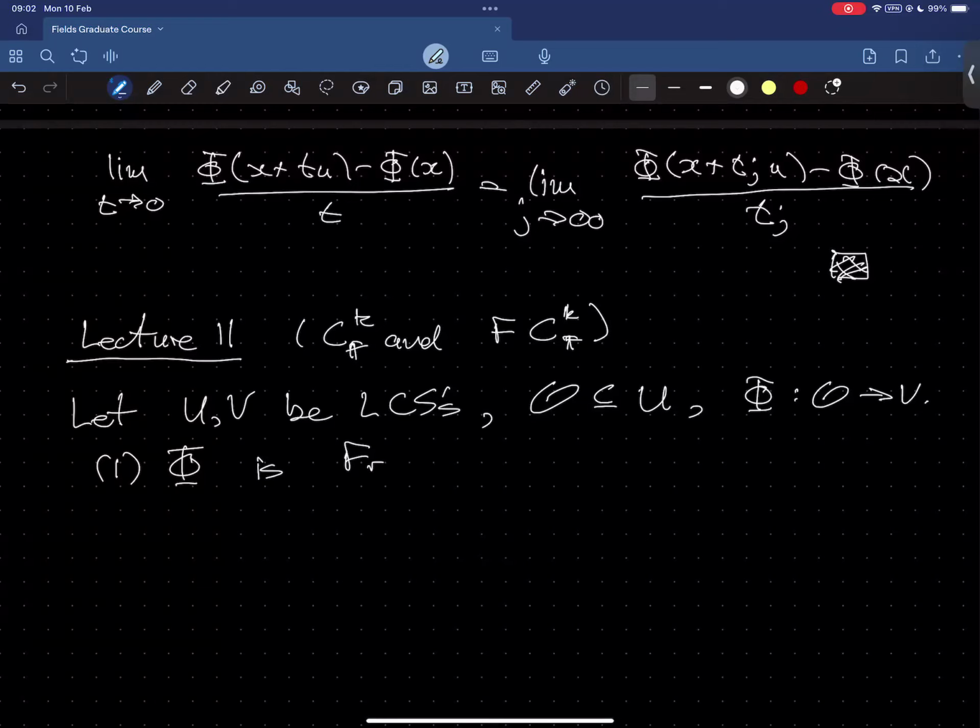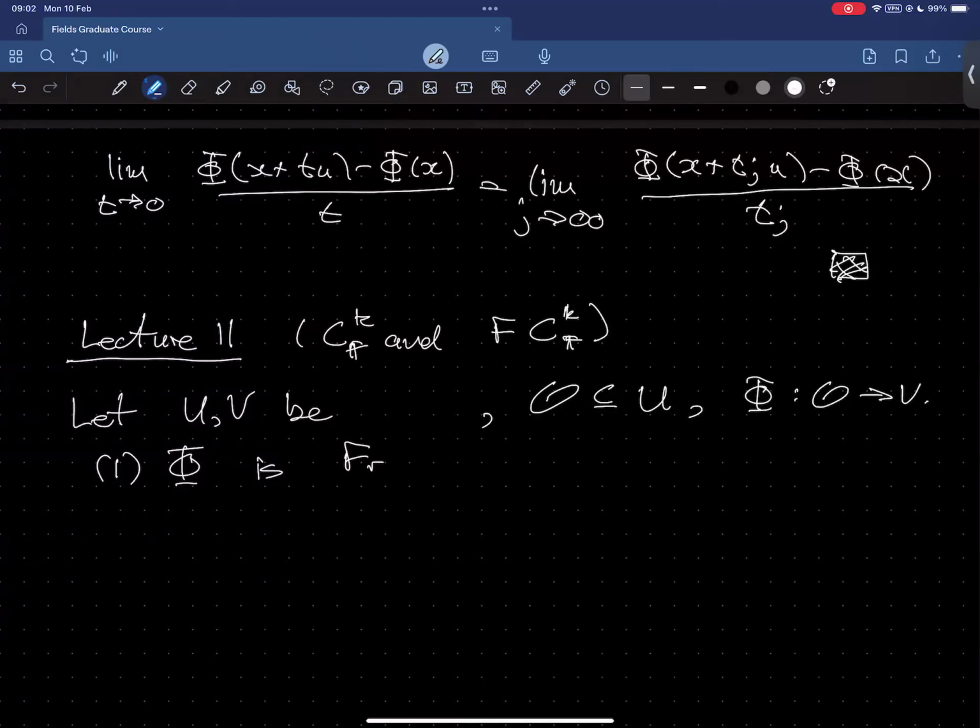And just so you know, the directional derivative that we've been talking about is often called the Gateau derivative. And so there's two kinds of differentiability, Frechet and Gateau. And what we're going to do today is talk about those when the locally convex spaces are normed. And in fact, sorry, I meant to say normed spaces.